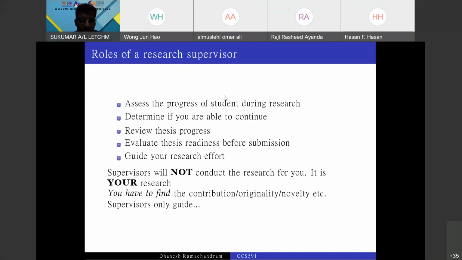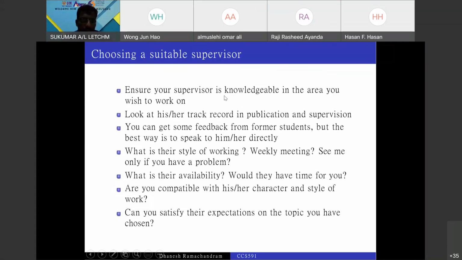Okay, next. If we want to choose a suitable supervisor, you need to make sure that your supervisor is knowledgeable in the area that you wish to work on. If you have an area in your mind, then look for a supervisor who is knowledgeable in that area. At least something related to the area that you are working on.